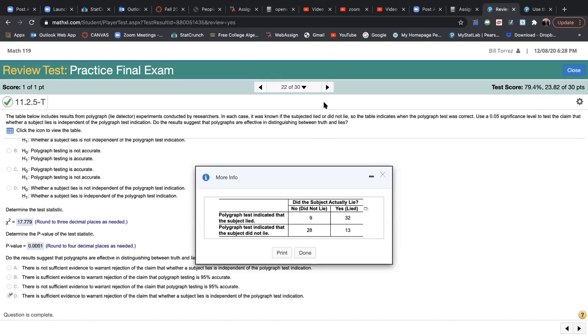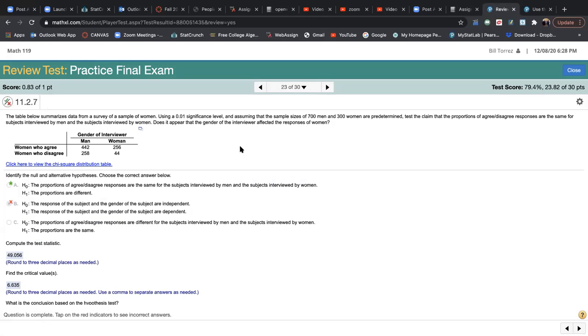Okay. Let's move on here. We're making progress. So I'll read the problem again, and we'll go through the exercise here. Okay, the table below summarizes data from a survey of a sample of women using a 0.01 significance level and assuming that the sample sizes of 700 men and 300 women are predetermined.